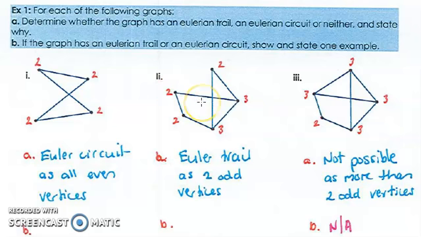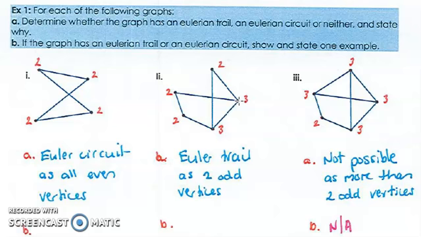In this one here, even, and exactly two odds. Since it follows this characteristic, we will say that it's a trail because it has two odd vertices. So for this example, you've got to remember that it will start at one of the odd vertices and finish at the other vertex.